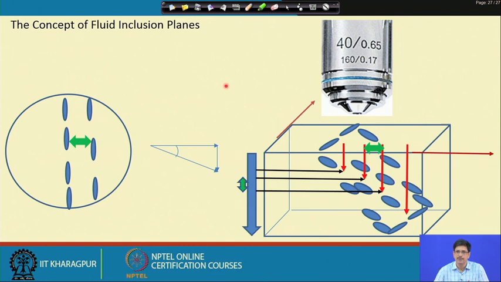Then we reconstruct in terms of the stress ellipsoid, the maximum, intermediate and minimum principal stress axes, and collect what we call oriented samples from the field with proper marking of the azimuth, the orientation with respect to whatever planar features we have identified in the field and ascribed to a deformation stage in the rock, which phase of the deformation and which exact plane we are looking at, what it actually represents.